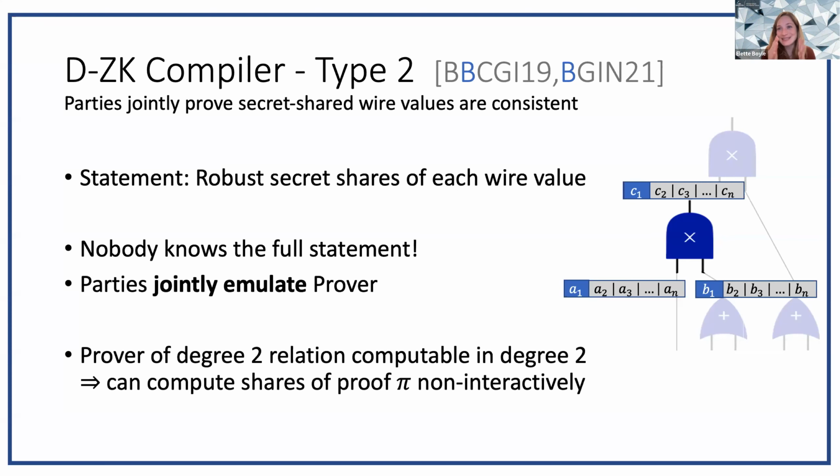And this allows us to not have this huge overhead of communication, because if we were trying to securely jointly emulate the prover without this trick, then we would have to communicate the input size, which is very large. Okay, so this is the second type of compiler, and this appears in different sets of works here.